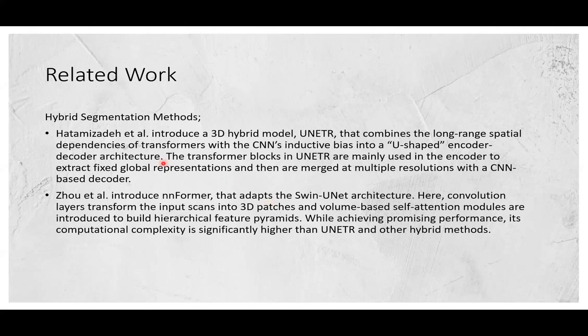As I previously mentioned, we can utilize both CNN and transformer to have a hybrid segmentation. As an example of this method, the Hatamizadeh group proposed UNETR, which combines the long-range spatial dependencies of transformers with the inductive bias of convolutional neural networks in a U-shaped encoder-decoder architecture.